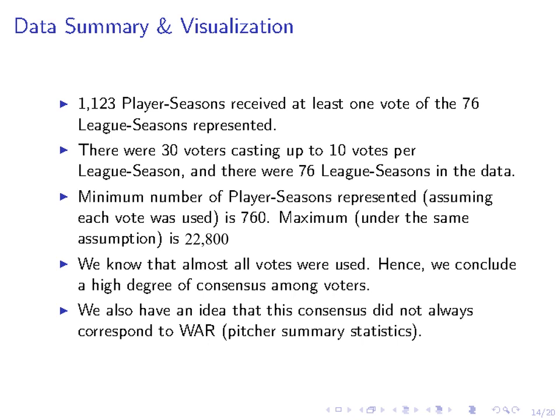So the 760 would be in each of the 76 league seasons, all 30 voters for a league season race identified the same 10 players on their ballot. Okay, so there was perfect consensus across all ballots in every MVP race. That would be incredible, so we don't expect 760.